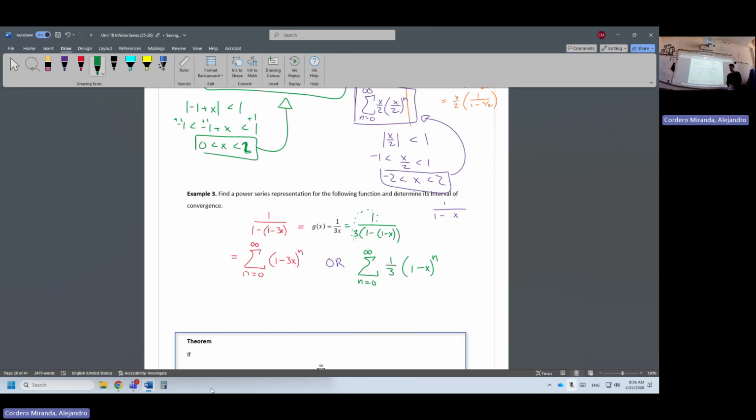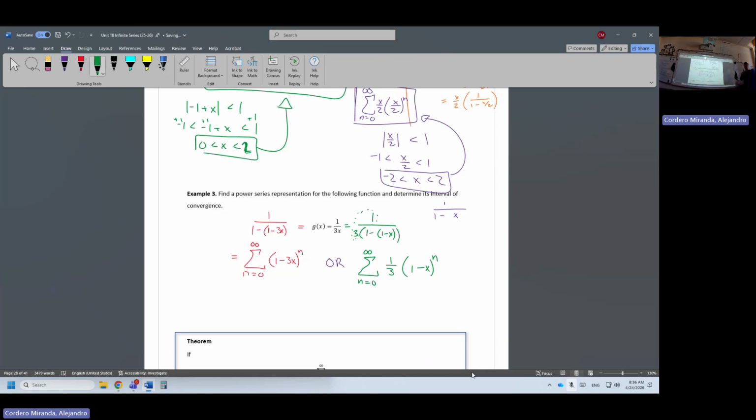Or you may have seen, oh, the x in this purple function was multiplied by 3, so let me factor out that 3 and mess with it that way. That would be this green way, and you would get this green result. But both of those are good. The green one is slightly better because it has a better radius, or interval of convergence. But either one of those is good.